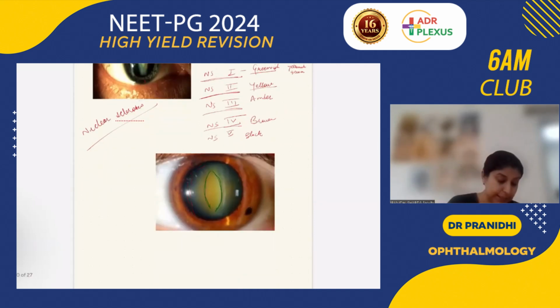Basically, the lens contains water and it contains proteins. There are two types of proteins present in the lens.